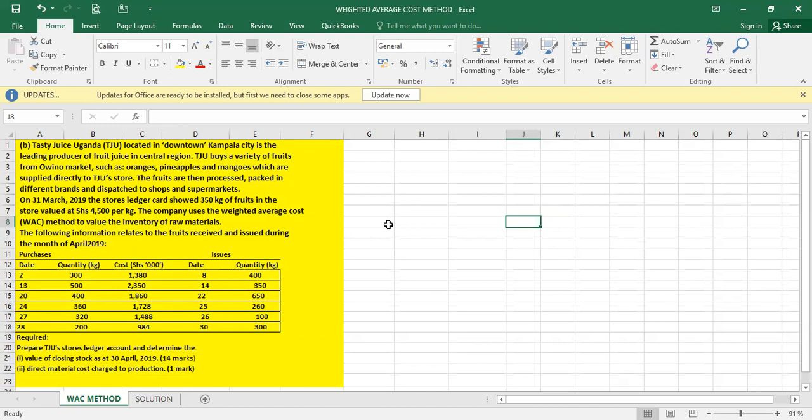We get the unit cost: we divide the total cost we are spending by the number of units so that we get what one unit costs, and that's the cost we are going to be using when we are issuing out.